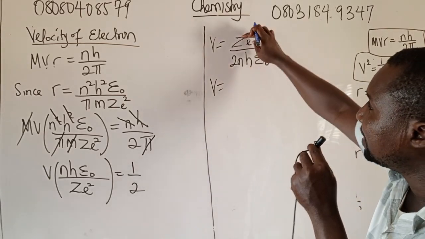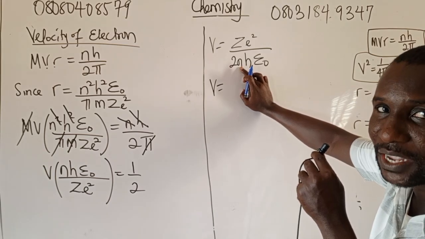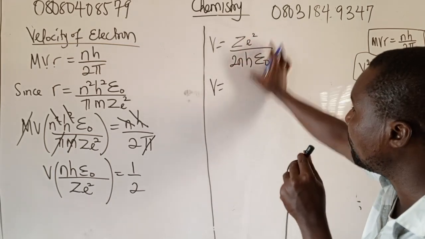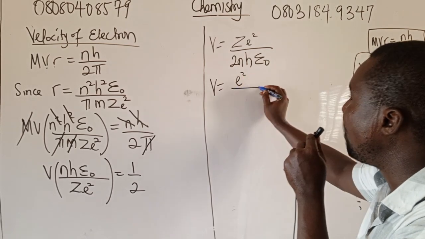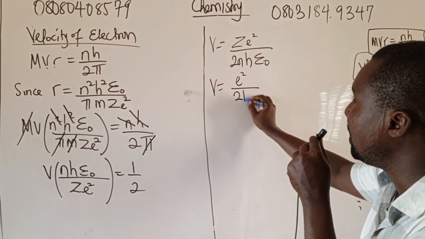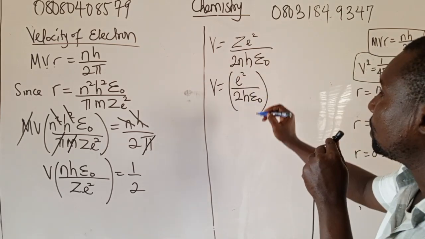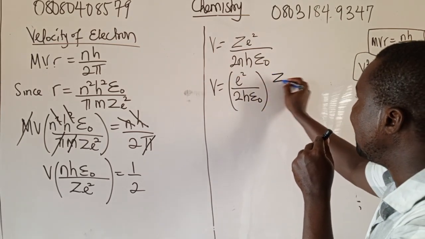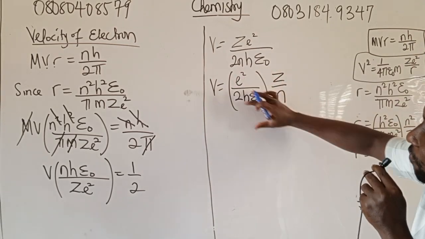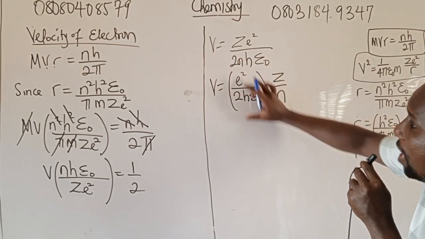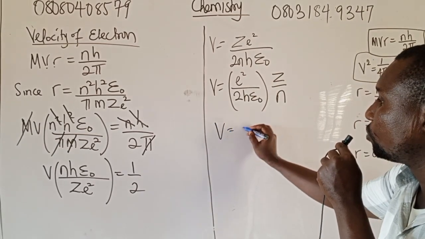Z is the atomic number and n is the number of shell; they are not constant, they vary. From here, collect the constants: e squared over 2h epsilon naught, then I will have Z over n. Put in the value of all these constants. When you put in the value of all these constants, we have v equal to what?